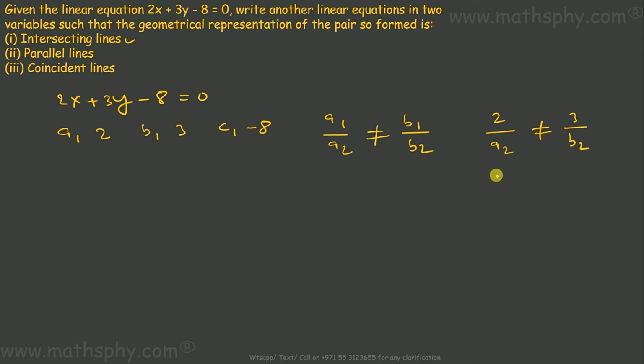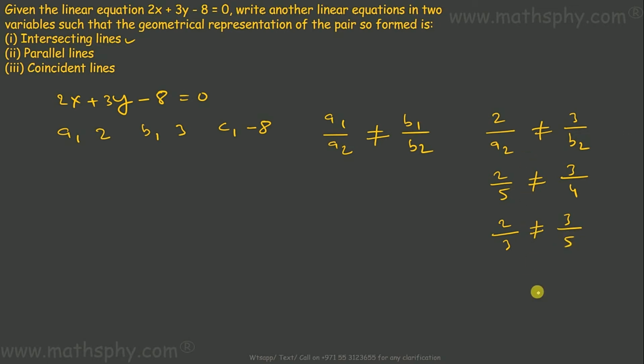For example, if I take a2 as say 5, then any number as b2 like 4, 2 over 5 is not equal to 3 over 4. This is intersecting lines. 2 over 3 not equal to 3 over 5.